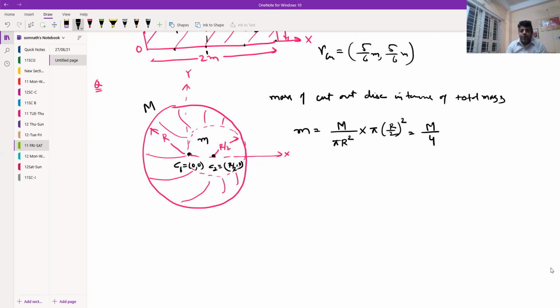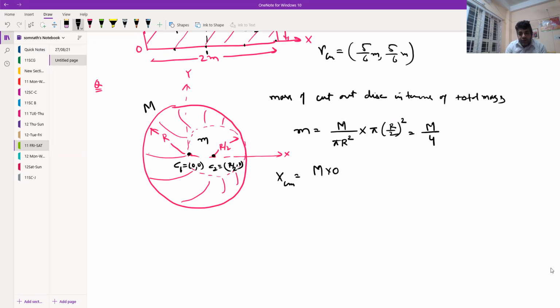So what is my center of mass? For the x-axis, my total mass is capital M, the overall bigger disk, and its center is 0. Now we add or remove that mass. Cutout mass means we are removing the mass.